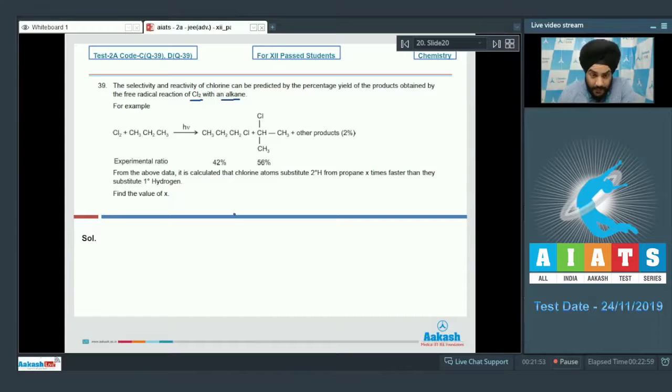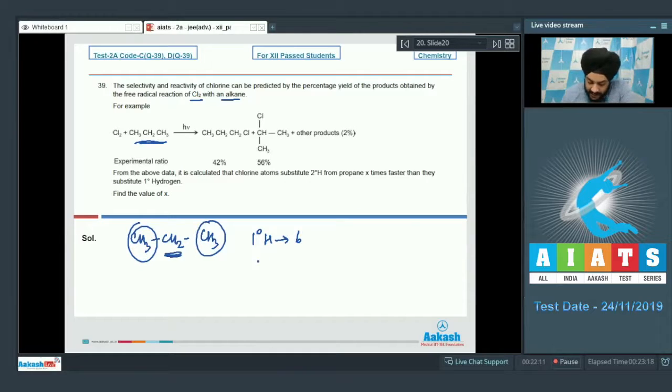So students, if we talk about the propane which is given to us, the primary hydrogens are 6 in number. The 6 primary hydrogens are similar. If we talk about the secondary hydrogen, there are only 2 secondary hydrogens present.